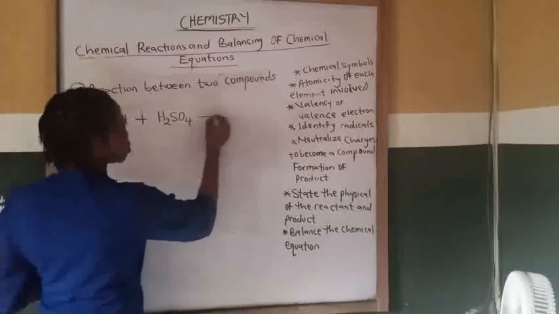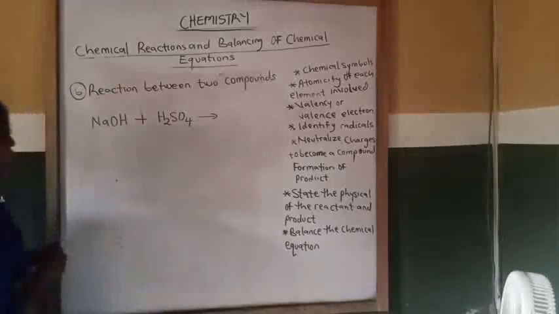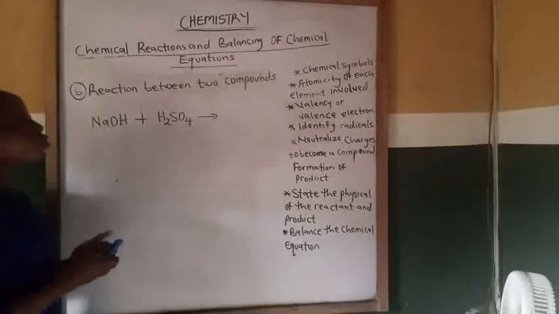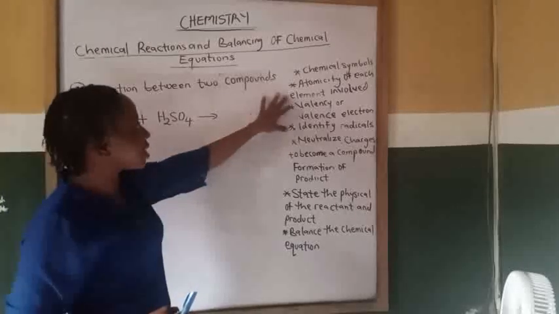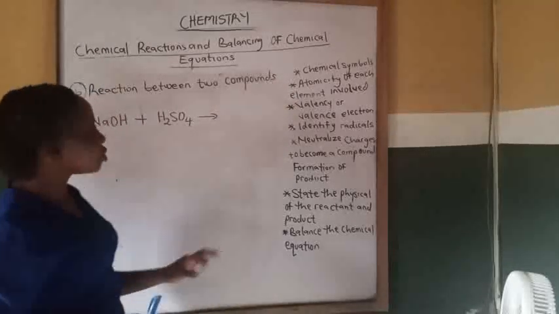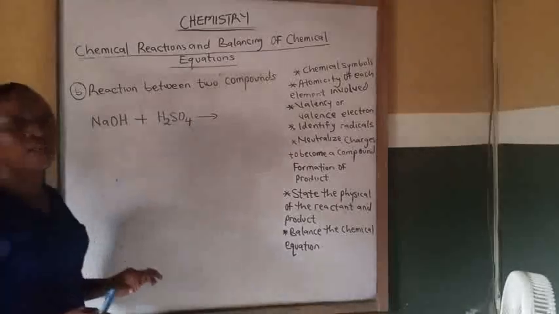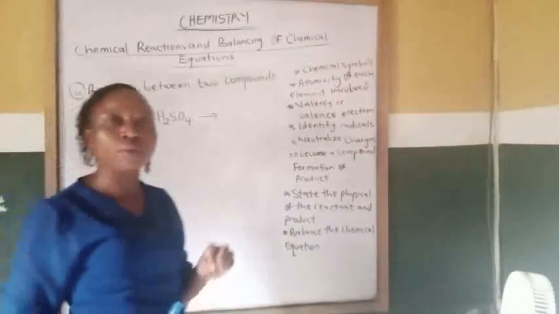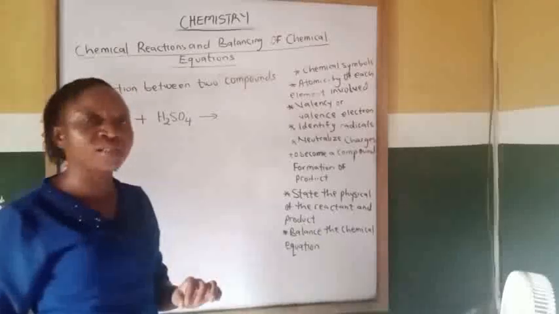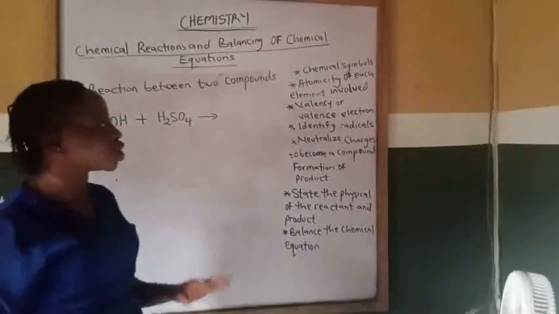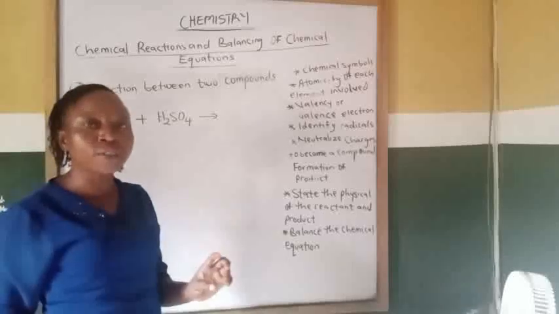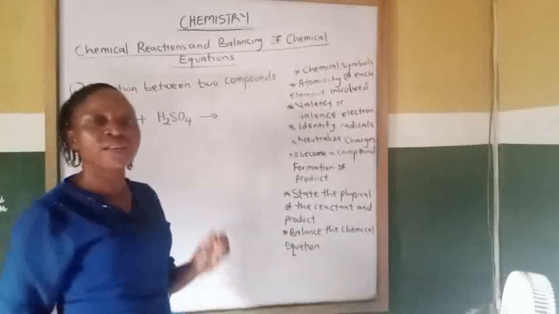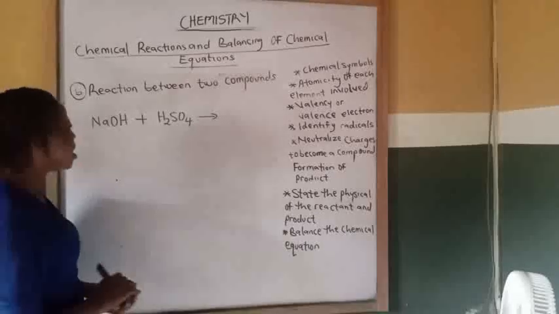So what will be our products? Now let's form our products. Don't forget that I explained under radicals that we don't separate radicals during chemical reaction and formation of products, except a gas is evolved from the radical.